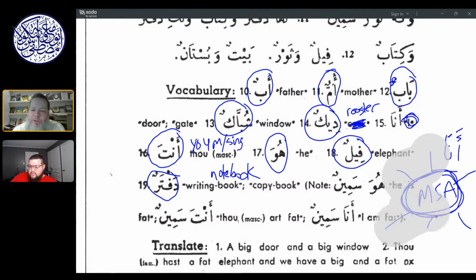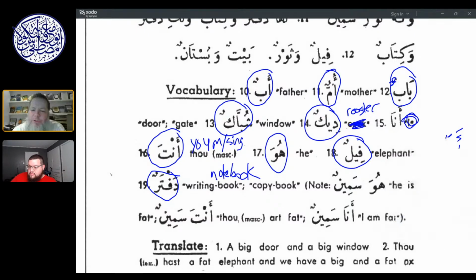You will understand the Quran and the Hadith, which is the most important part. And eventually you will find that the dialects are based upon the MSA, not MSA, because MSA is the newer term, but they're based upon the classical Arabic, right?